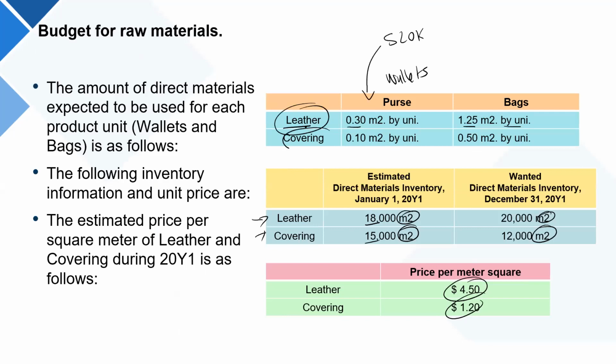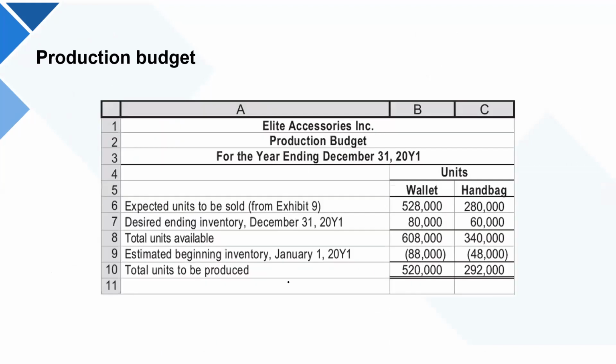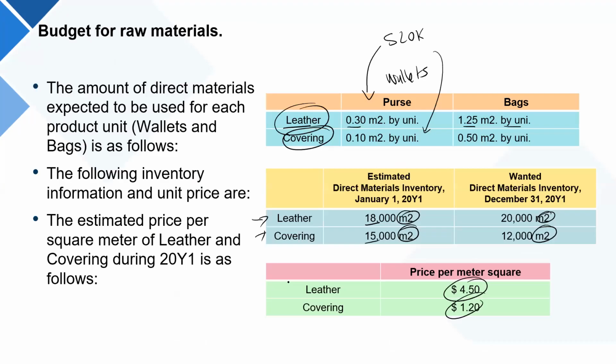And then for the covering, again, I have the 520,000 here. All I need to do is multiply by the estimated usage of that material in covering, okay? And I do the multiplication. 520 times 30 is that one there, and 520 times 0.10 is there, all right? So it's this one here.